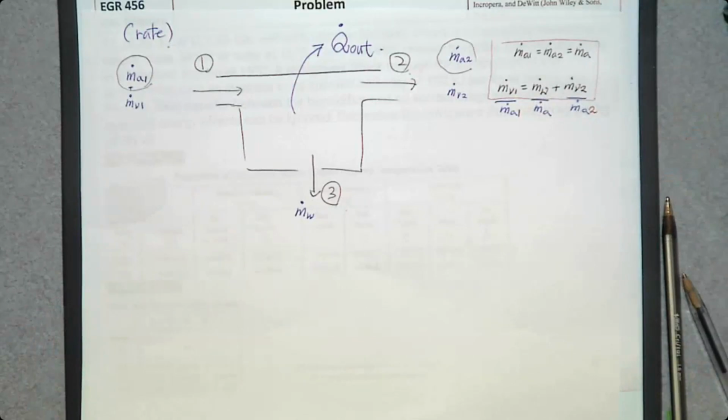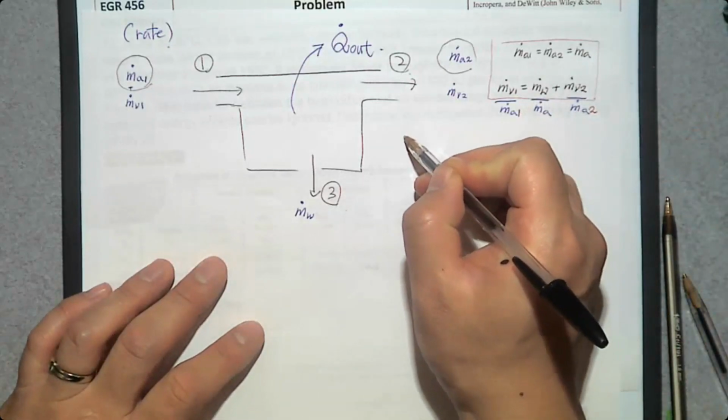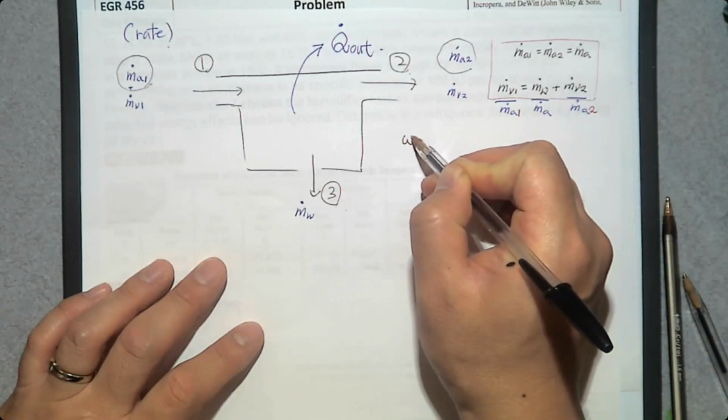Then, what is the definition of this humidity ratio omega?